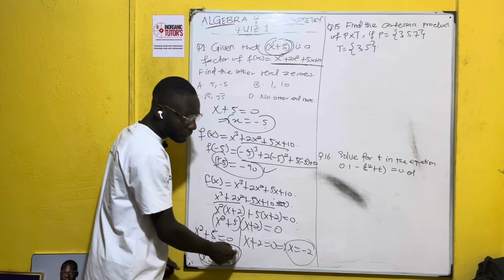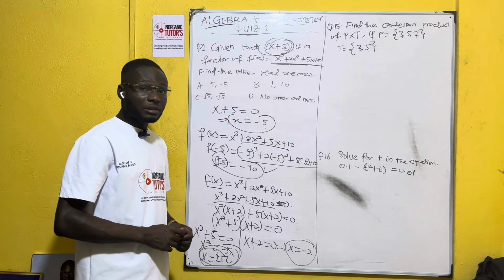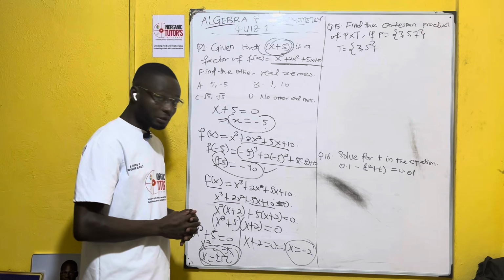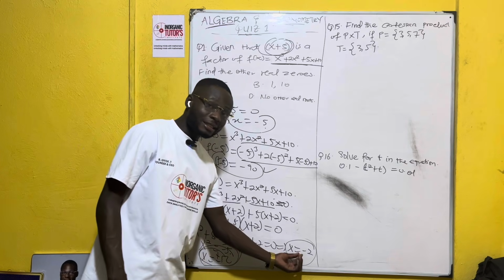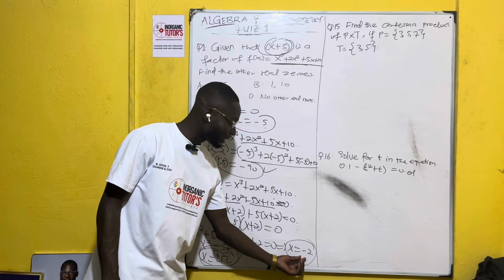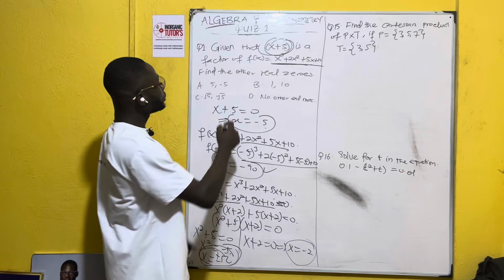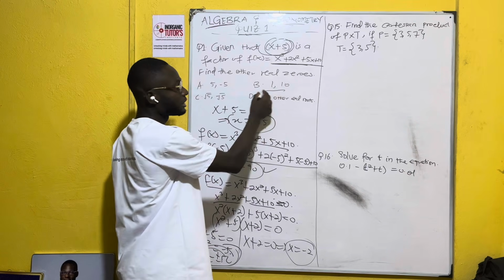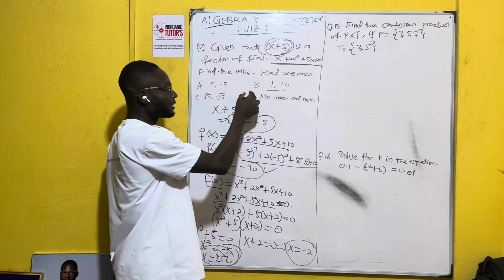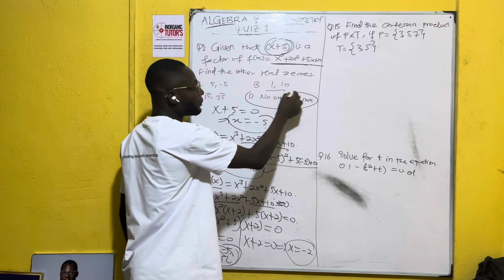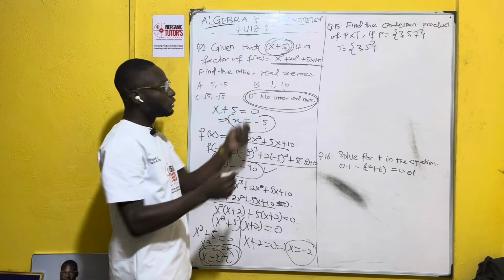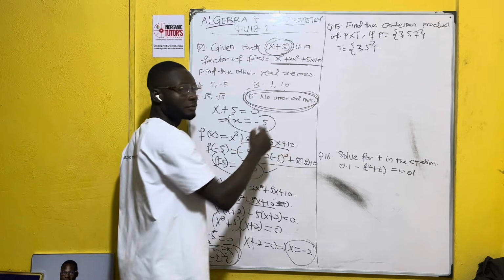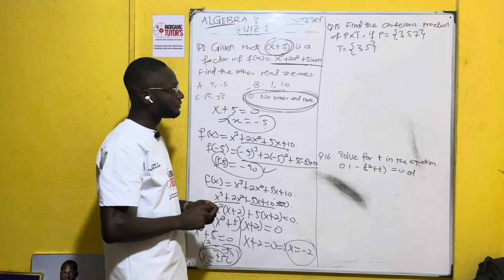A complex number is not a real value, so this is not considered. We only consider the real root, which is minus 2. But minus 2 is not part of the options given. So we say there are no other real roots for this particular problem. Very, very simple.